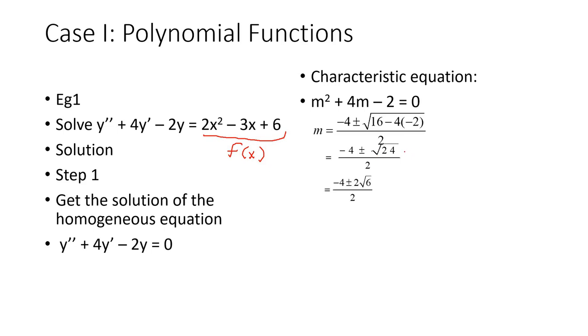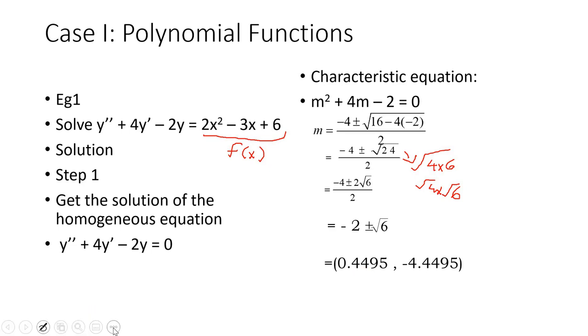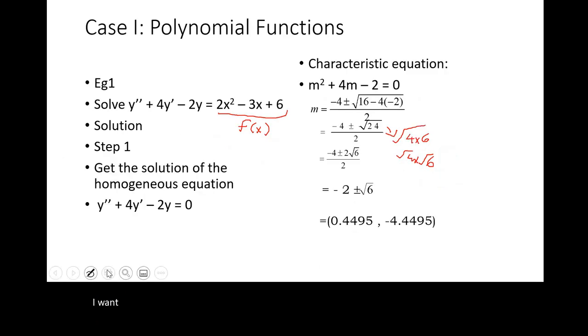The value under the root is 4 times 6, so it becomes square root of 24 over 2, and simplifying again, you will get negative 2 plus minus the square root of 6. Or for those who use a calculator, you should get 0.4495.